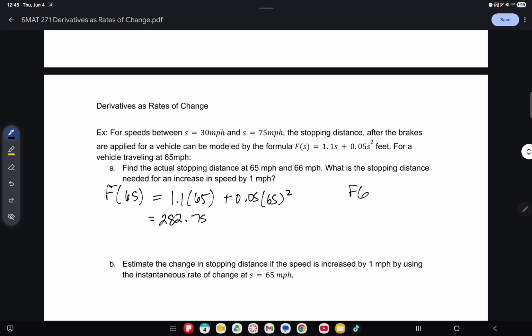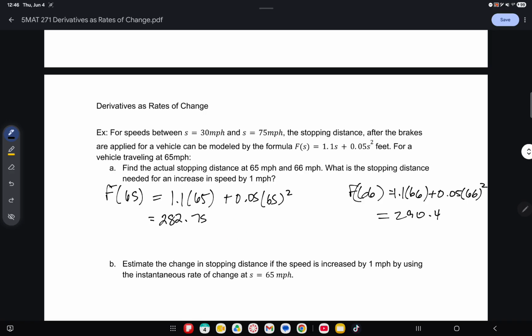And then let's plug in 66. So 1.1 times 66 plus 0.05 times 66 squared. And that's going to give me 290.4.